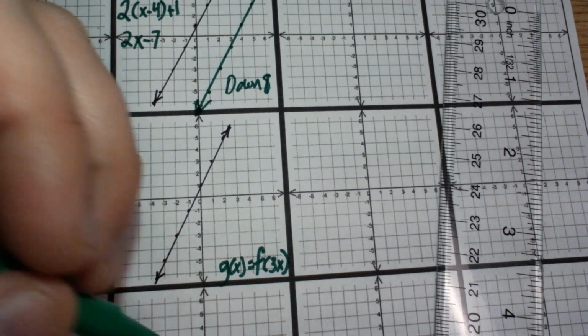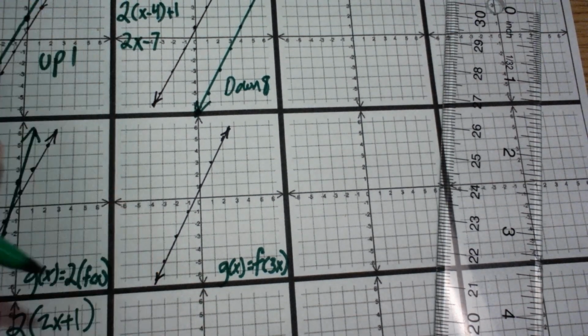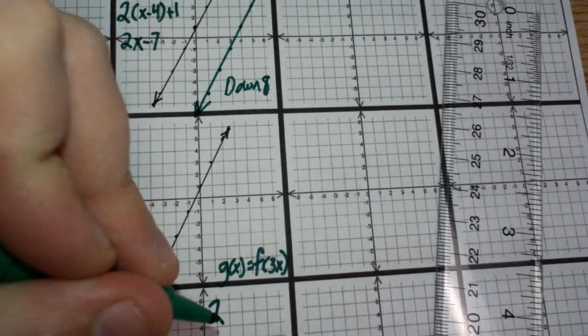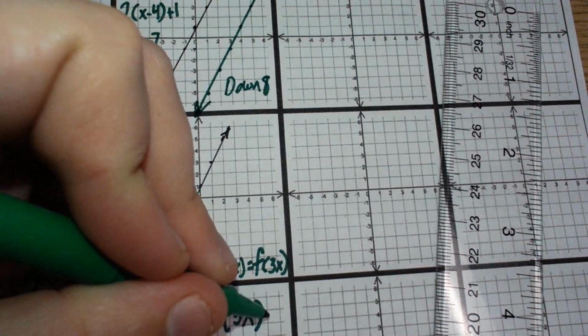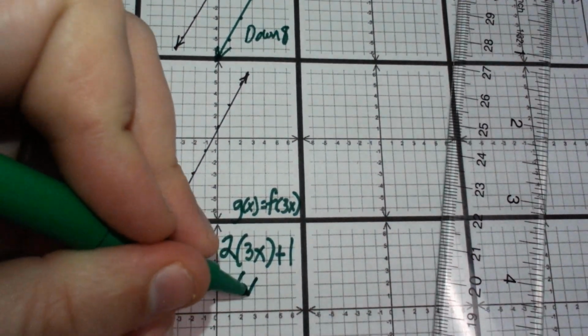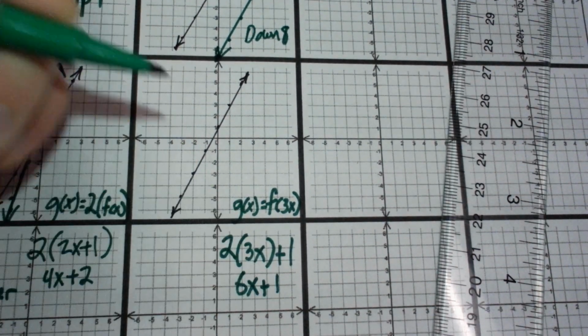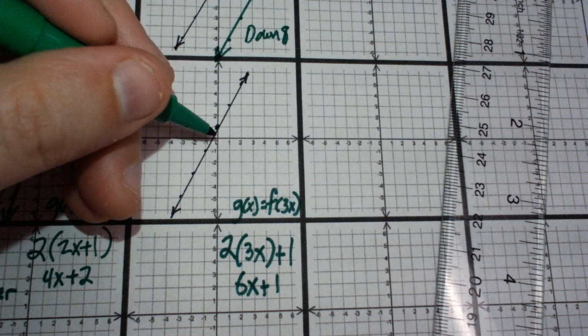And my last one, I've got g of x is f of x times 3, or f of 3x, sorry. So it would be 2 times 3x plus 1, which gives me 6x plus 1. So my y-intercept stays the same.